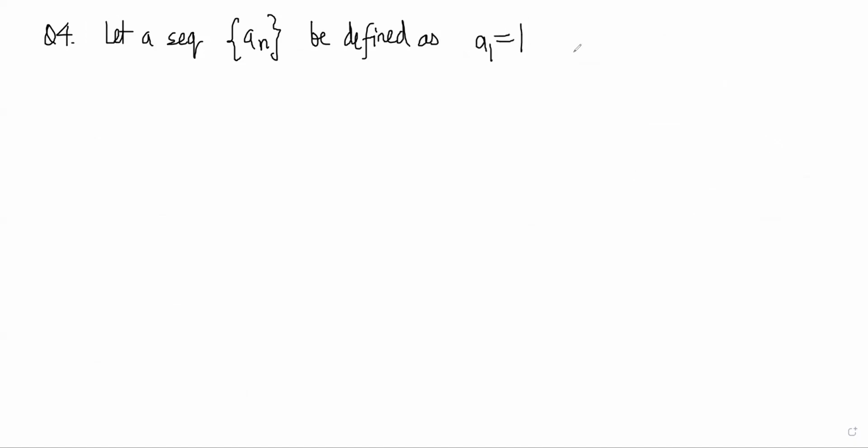Question number 4. We have, let a sequence an be defined as a1 is 1 and an plus 1 is equal to an by 2 plus 1 by 4 times an.